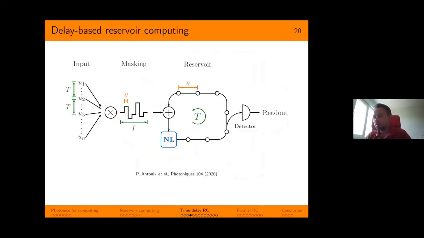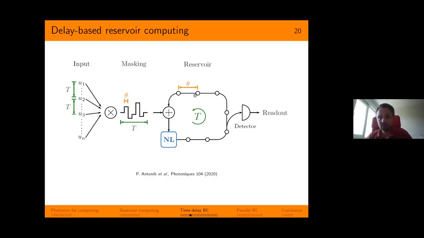So, how can we transform in practice a delay dynamical system into a reservoir? The idea is actually simple, is to divide the delay loop here. Let's name the delay of duration t, big T. We can divide it into n intervals of durations theta, where theta is just T divided by n, the number of nodes, and we consider each such interval as a virtual node.